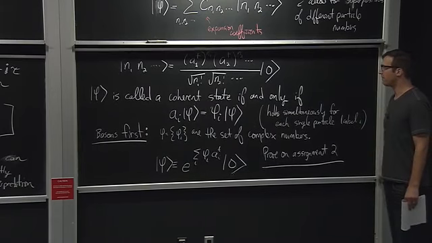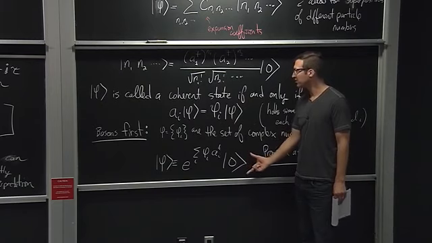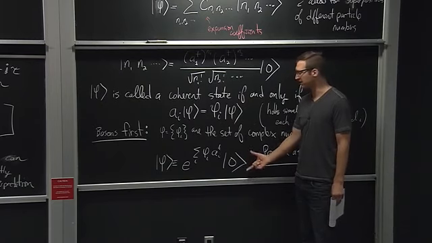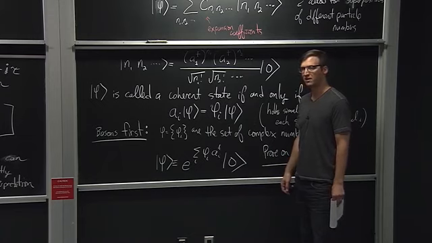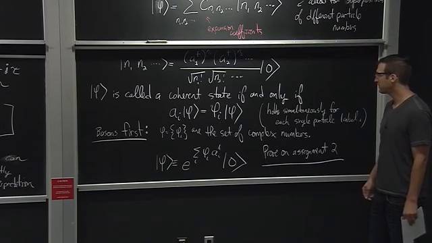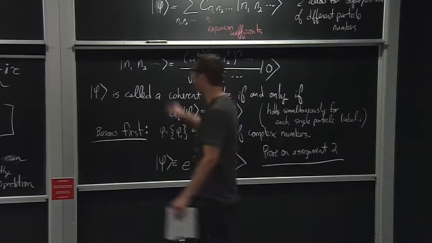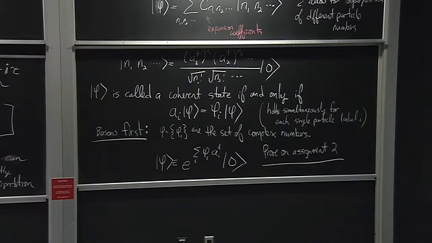So I'll leave that to you. You're going to prove it next week, and I'll just start using this expression for the coherent state now, and we'll discuss some properties of it. By the way, I don't think the proof's that difficult. It's interesting.